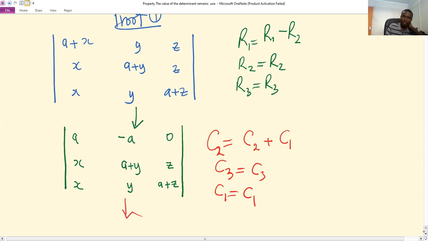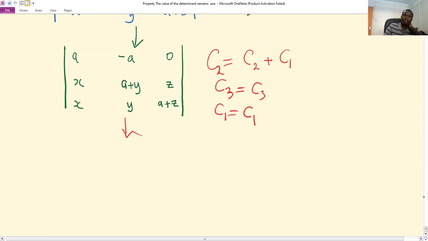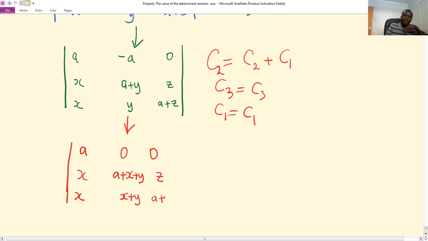So this leads to the determinant of a, 0, 0; x, a plus x plus y, z; x, x plus y, a plus z.